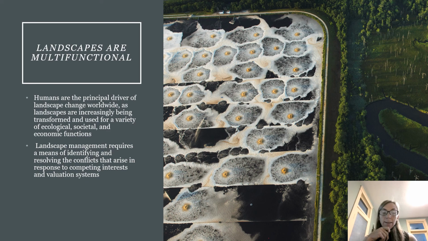Landscape management requires a means of identifying and resolving conflicts that arise between these competing interest and value systems.